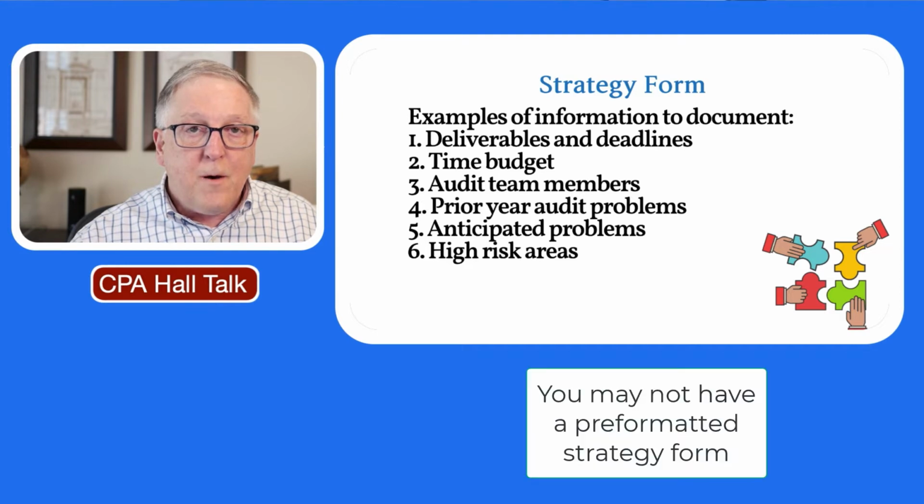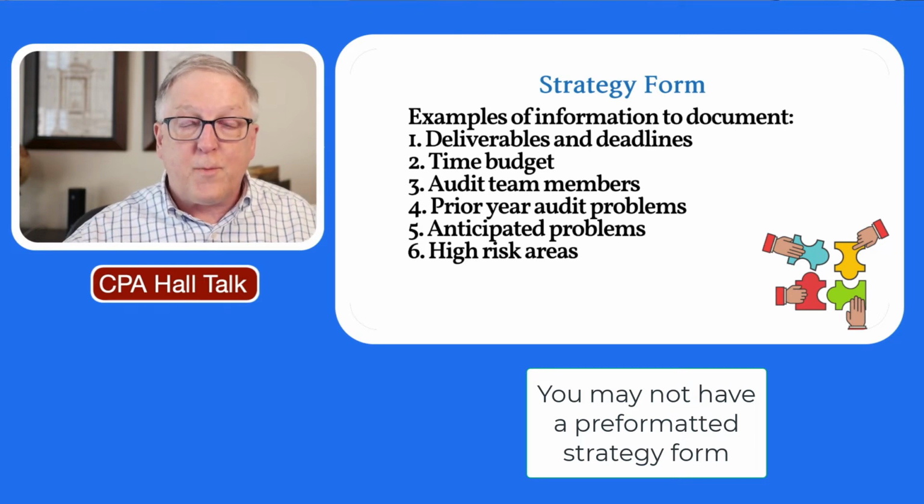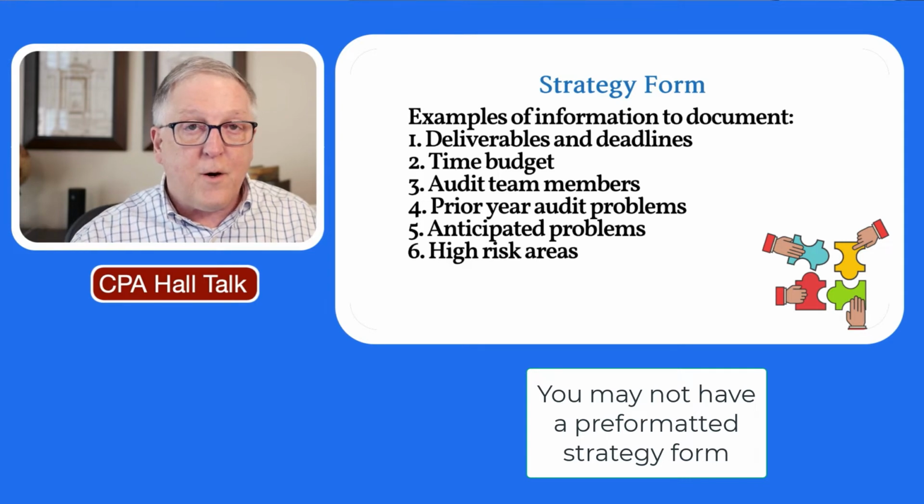Now, some forms providers don't provide a strategy form, and I don't understand this because really everybody that creates forms that auditors purchase and use for audit purposes, there should be an audit strategy form, but some companies don't provide this.